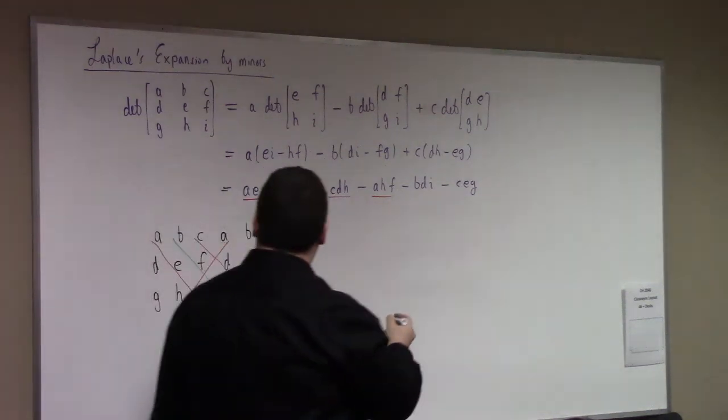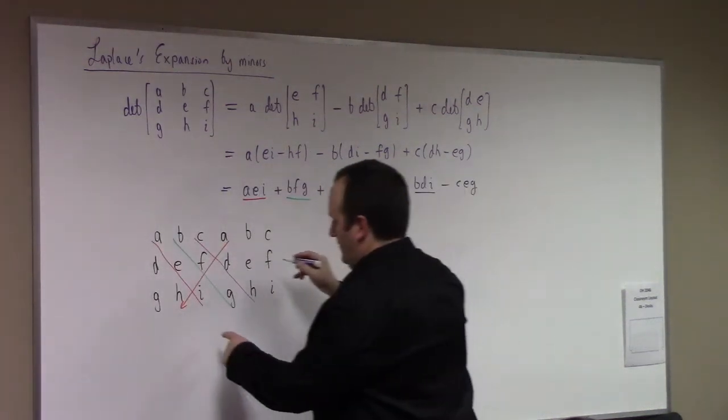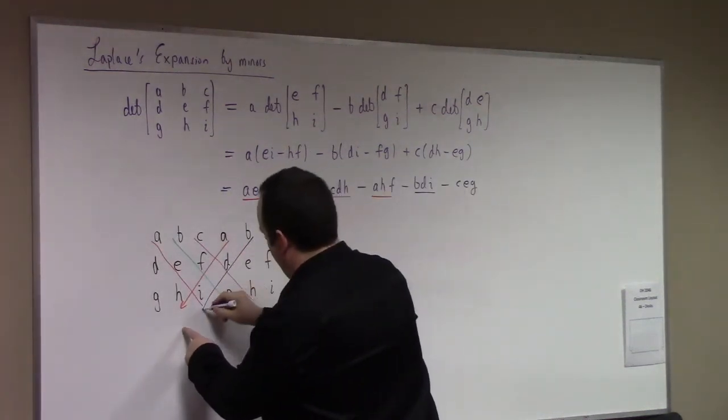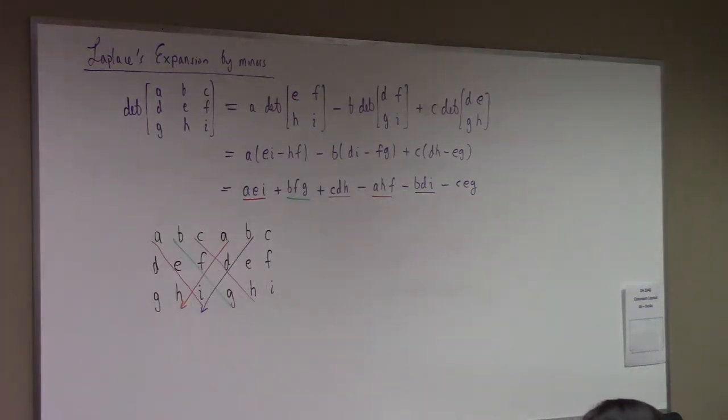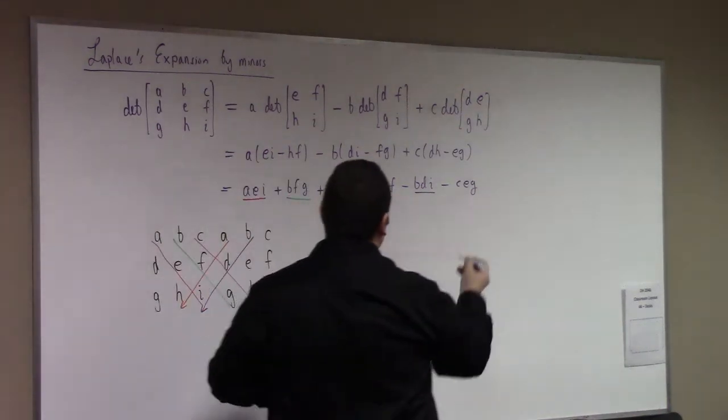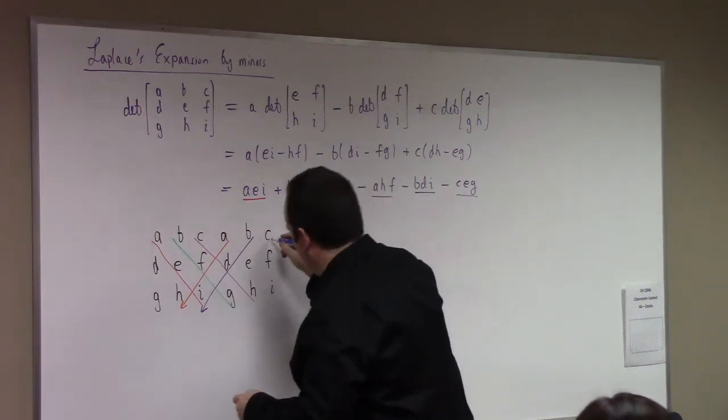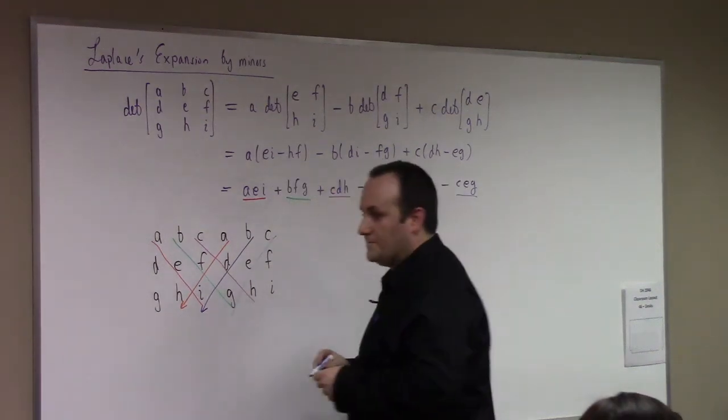Let's see here, BDI, like that. Hey, this is pretty cool. I did not plan on those coming out in the same order as in the picture. That is an accident. They could have gotten intertwined. There it is. So this is the 3 by 3 crossing trick.